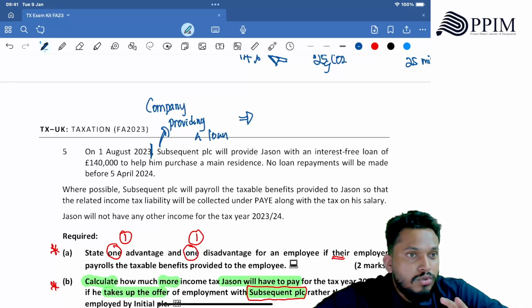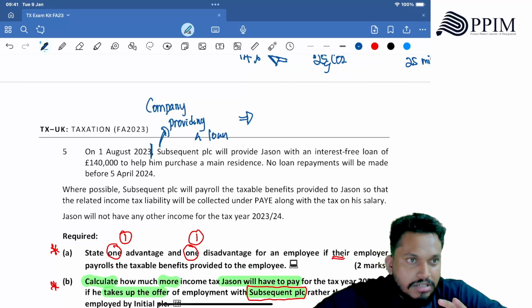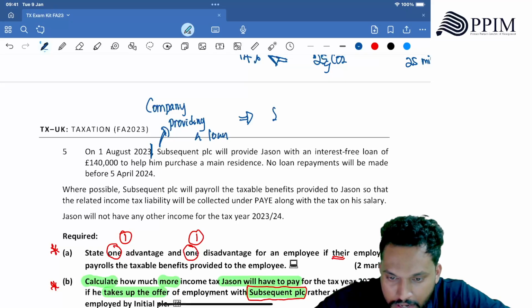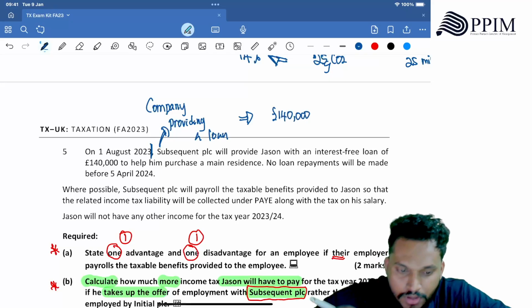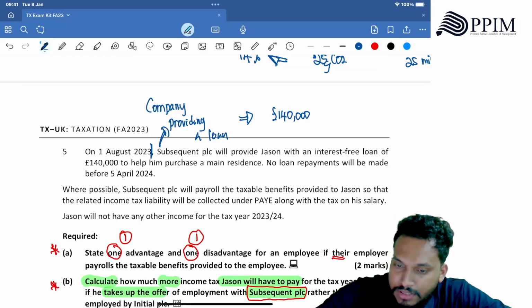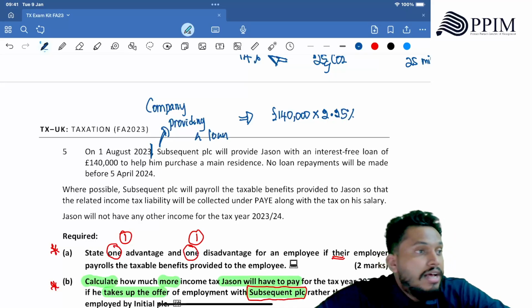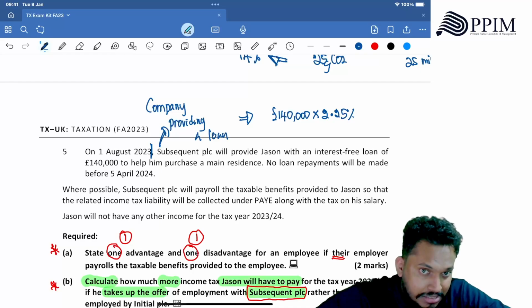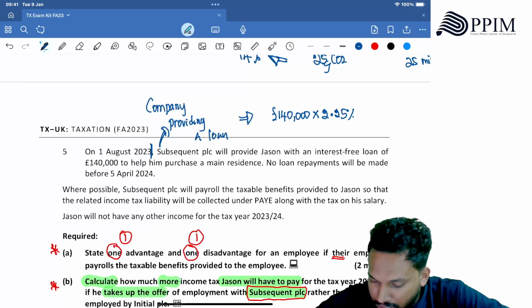So you need to get the difference of the interest charges exactly. So he will be getting 140,000 worth of loan, isn't it? Of this, the benefit that you need to take is 2.25% as part of the income that he would be taxed.